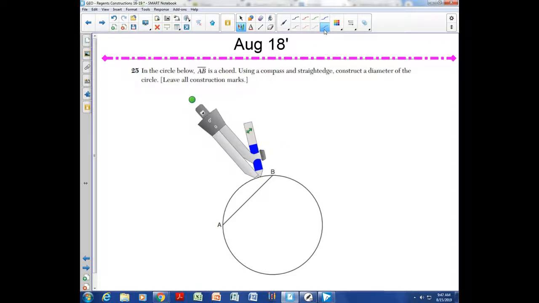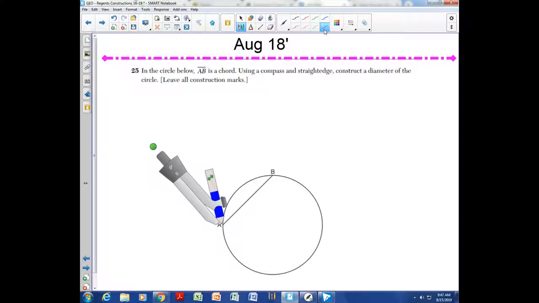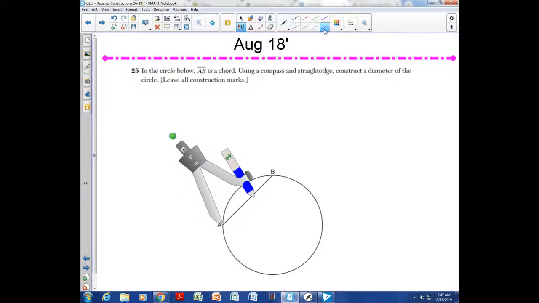So I'm just going to take my compass. I'm going to put it on one of the endpoints of the chord. I'm going to open up again to what's obviously more than halfway to B, right? If we don't go more than halfway, we won't have intersecting circles or arcs, and that's the most important part of a construction.